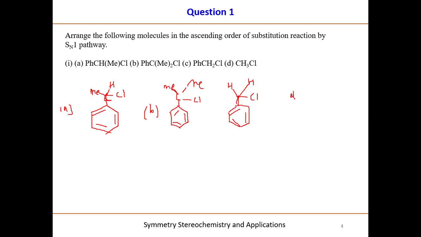And the last one is D. What is this? Cl, CH3, CH3. Okay. Now let's talk about the first example.